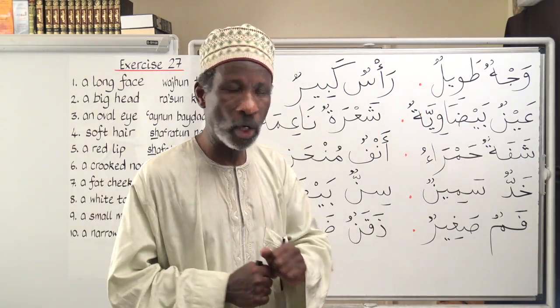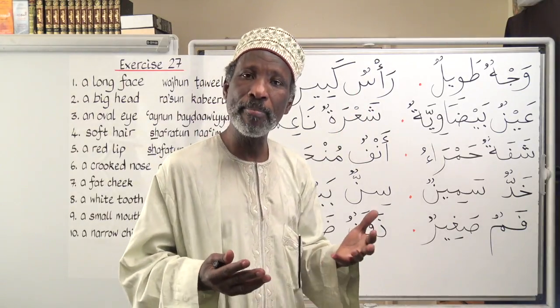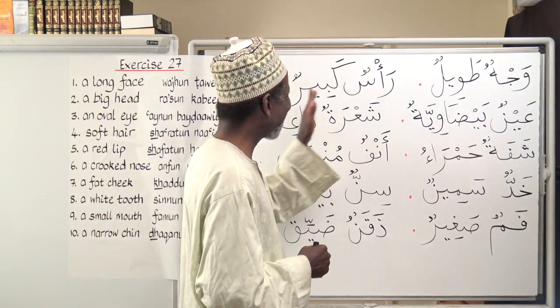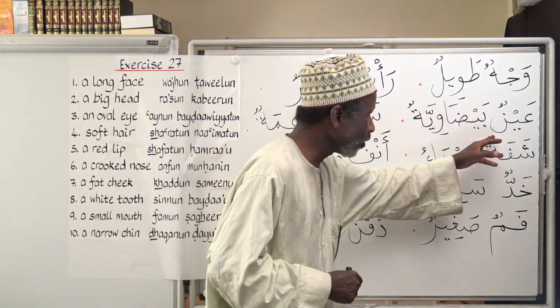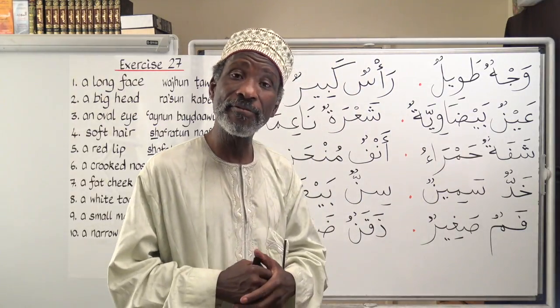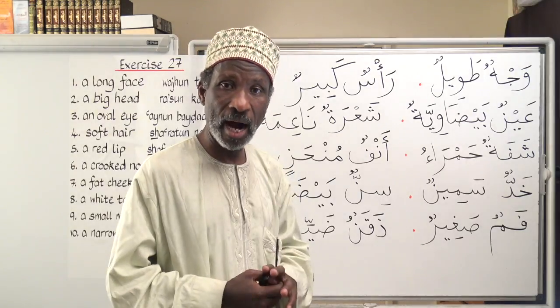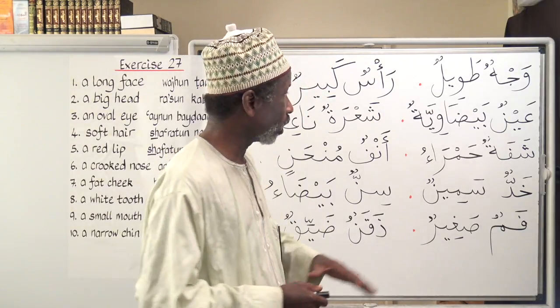Wajhun tawilun. Ra'sun, head, is also masculine. Ra'sun kabirun, a big head.